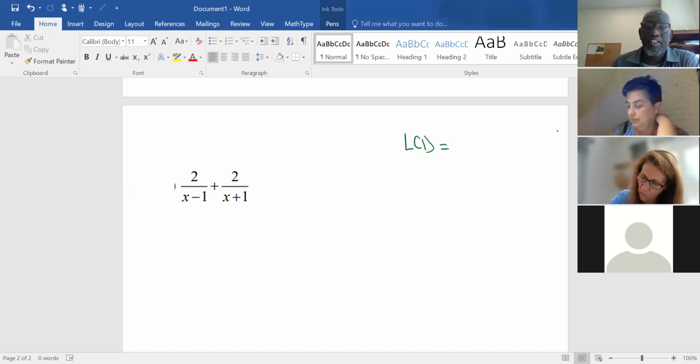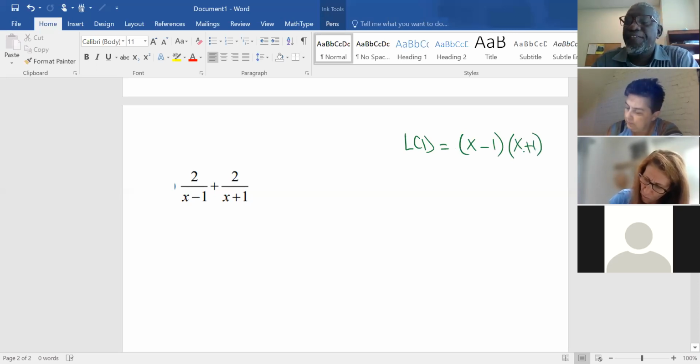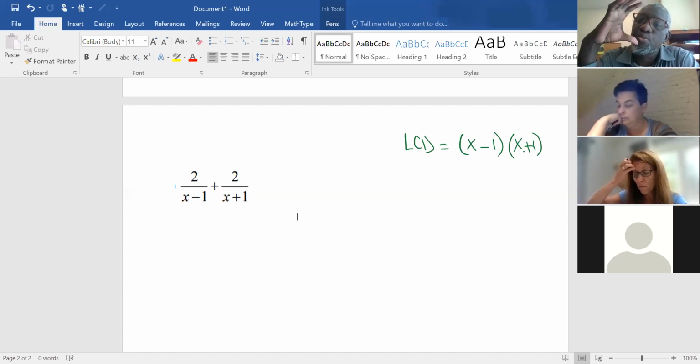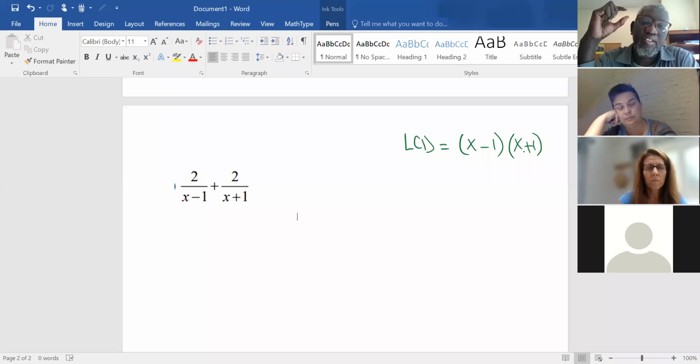So this is the same thing here. Since these two denominators have nothing in common, the LCD is just x minus 1 parentheses x plus 1. You see, it is the smallest expression that includes both right here.